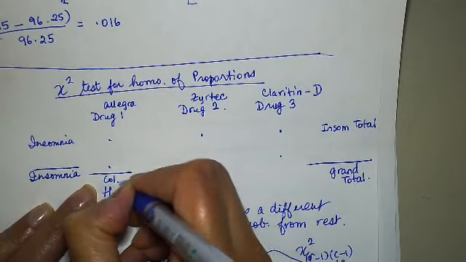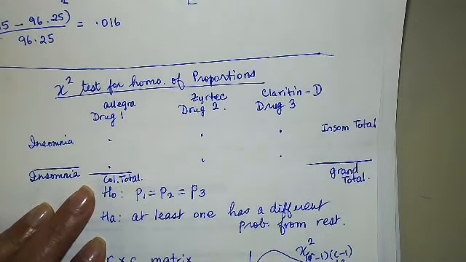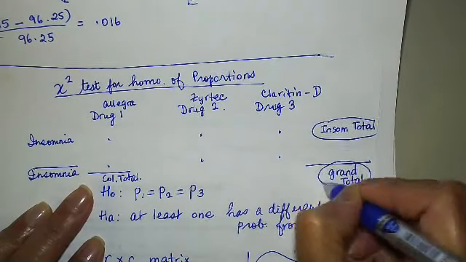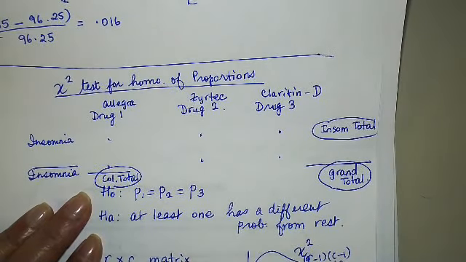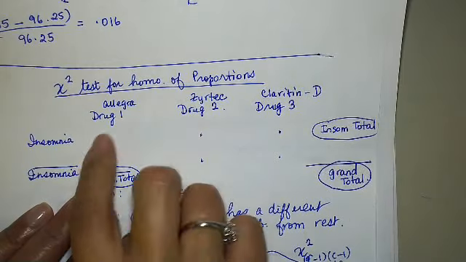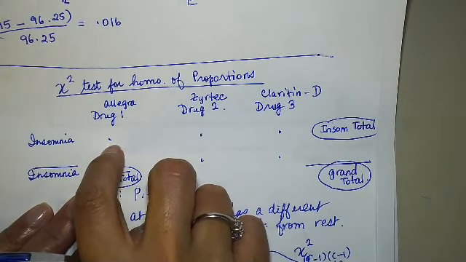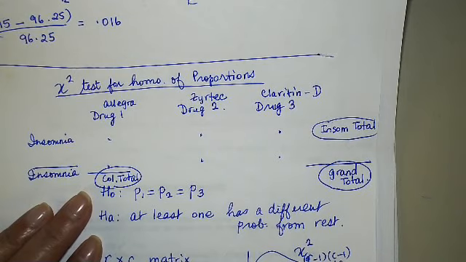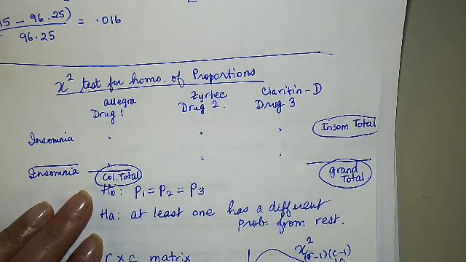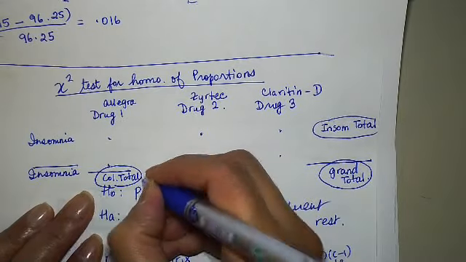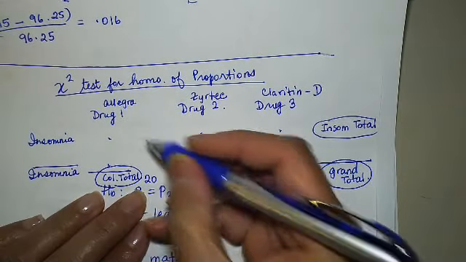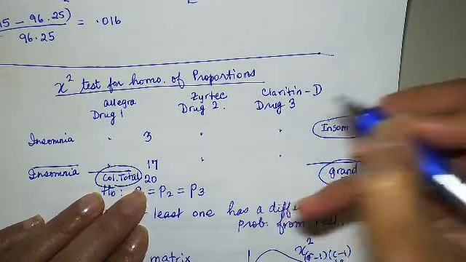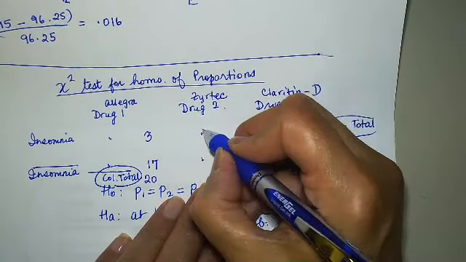And you can find your expected matrix exactly the same way as we did before, because here you want the probability of insomnia, which is the insomnia total over the grand total times the column total. So the formula remains the same. This divided by this times that to find the expected cell for this count. You follow me?